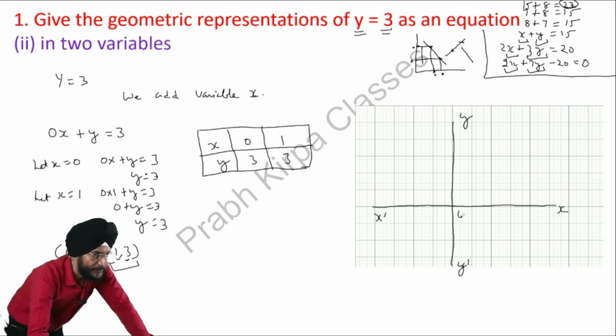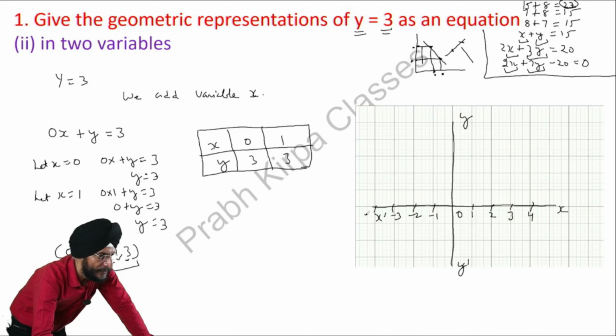Now 0, this is 1, this is 2, this is 3, this is 4, minus 1, minus 2, minus 3, minus 4. Here on the x-axis it is minus 1, minus 2, minus 3, 1, 2, 3, 4.